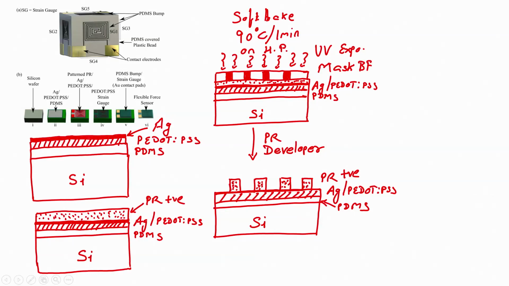What is the next step? Next step would be to etch the silver and PEDOT:PSS. When we etch silver and PEDOT:PSS, what will we get?